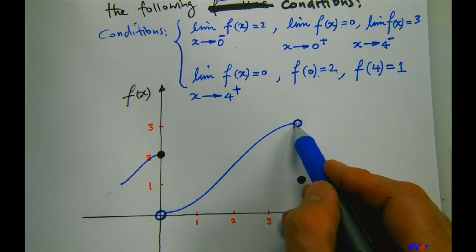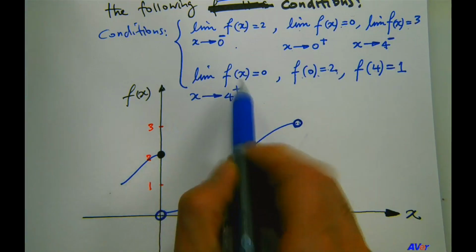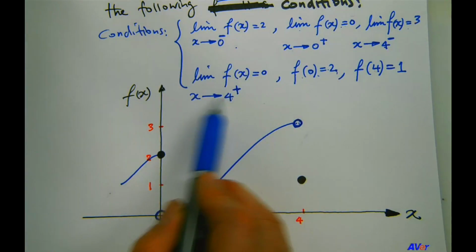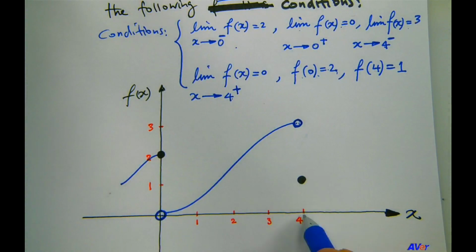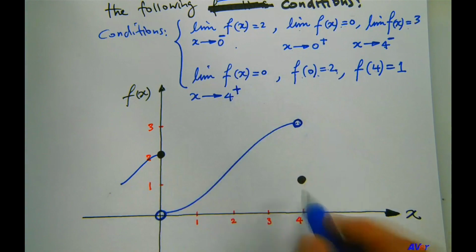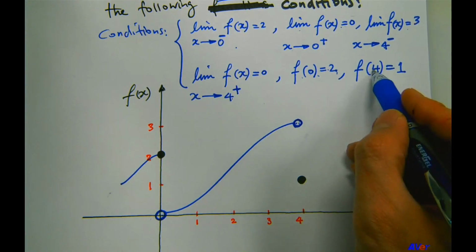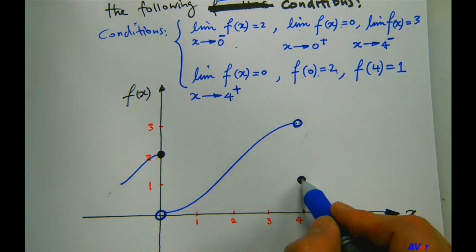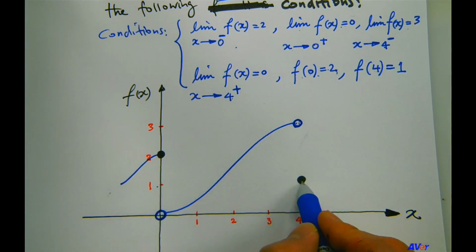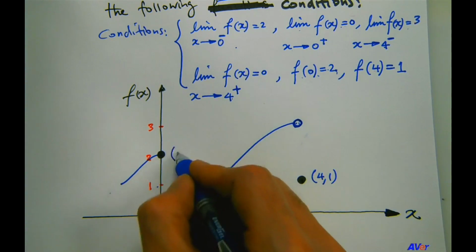That's okay. So then, the limit of the function as x approaches 4 from the right is equal to 0. So then that means that we should have a hollow circle here. Why? Because at 4, the function has value 1. Right? So we know that that point is 4, 1, and that point is 0, 2.